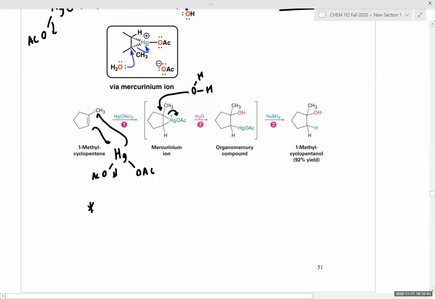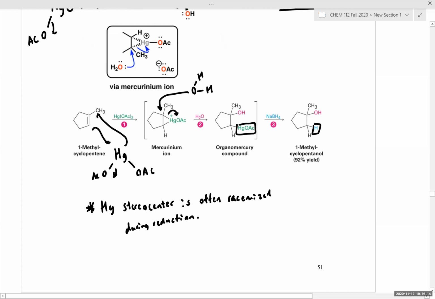The one unfortunate thing to note is that the mercury stereocenter is often racemized during reduction. So this hydrogen that is derived after reduction of the mercury, you don't often get a lot of stereo control for that hydrogen.